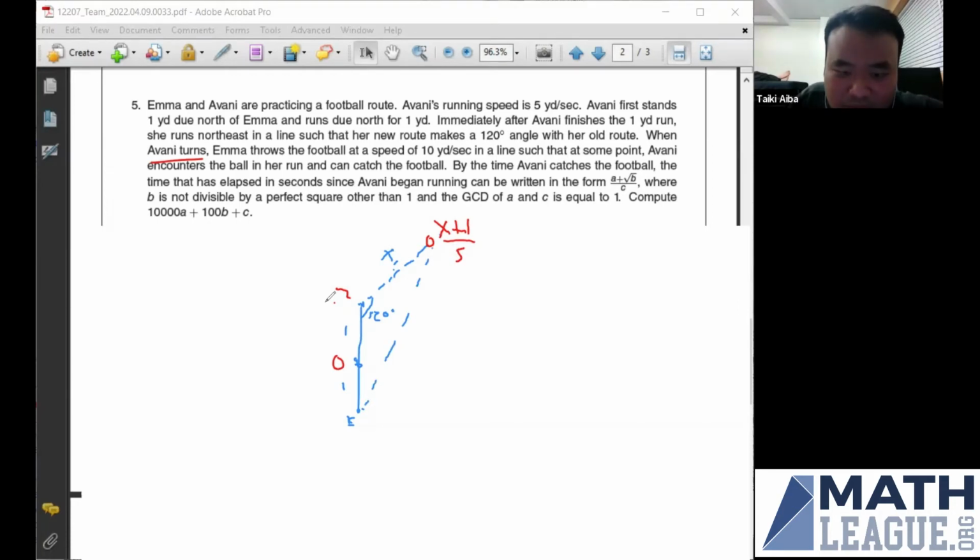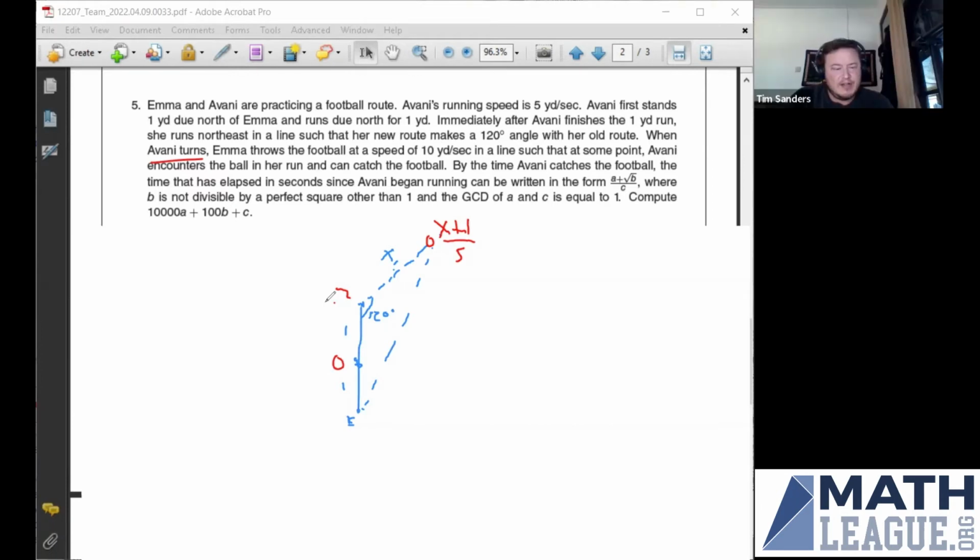Since we know that distance, because the time, let's see, when Avani turns, that means Avani's traveling a distance of x while Emma throws the football at 10 yards per second.